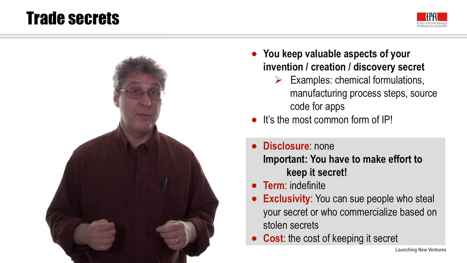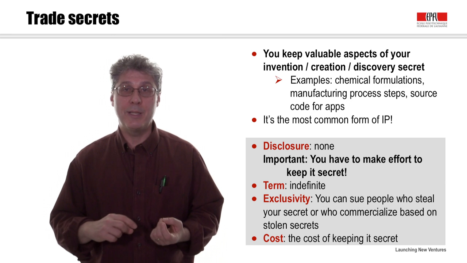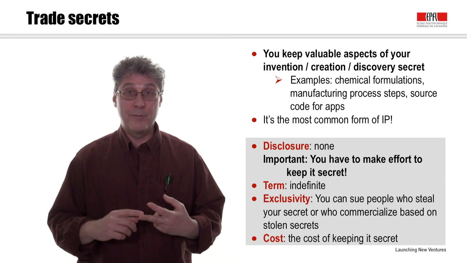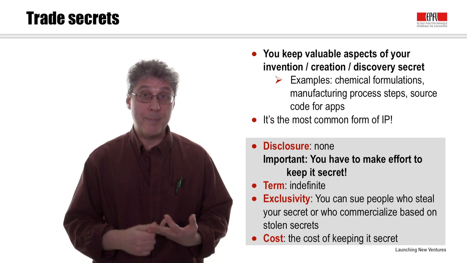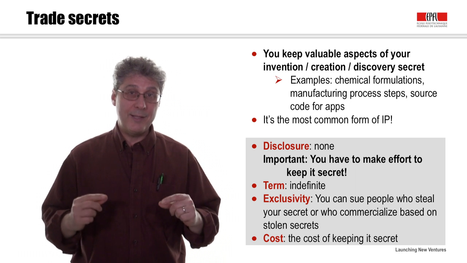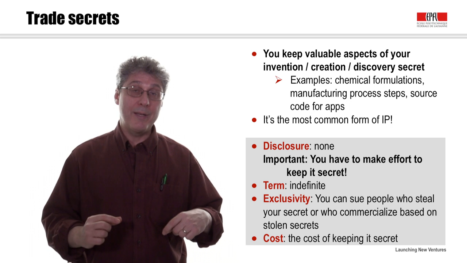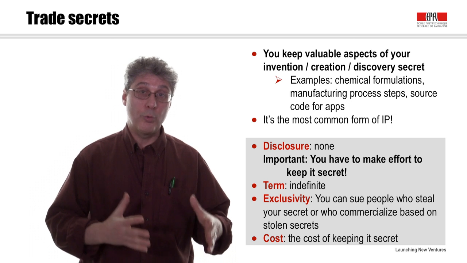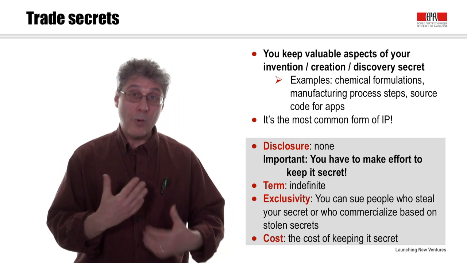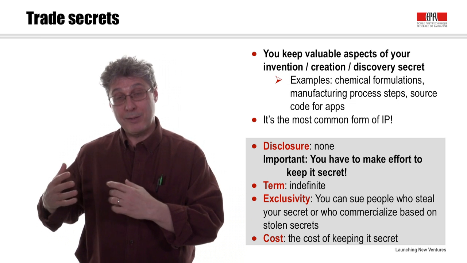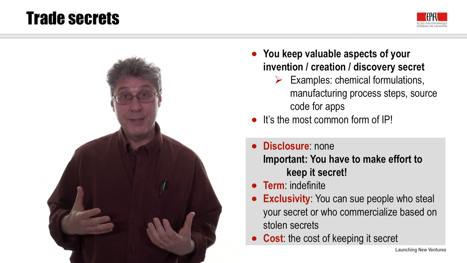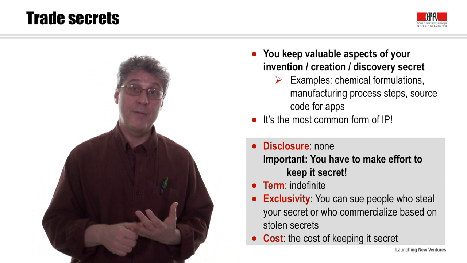Now that could be a chemical formulation, it could be a process for manufacturing something, it could be the source code for some software application that you've made. These are things that are in general not obvious to anyone who sees your product or uses your service. They don't know how you got there. And so if you can keep that particular aspect of it secret, then you have some kind of competitive advantage.